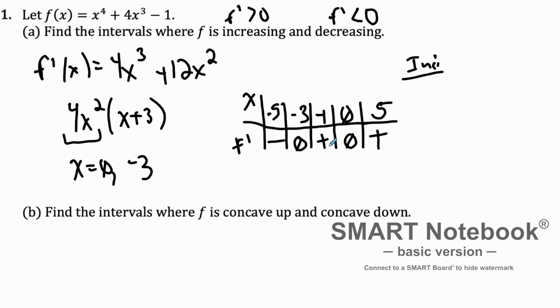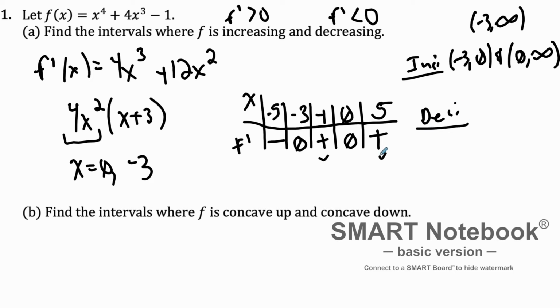It's positive here and here. So like I said, I'm going to list this as -3 to 0 and 0 to infinity. That's mainly because increasing is defined as where it is positive, and at 0 it is 0. So I take that out, but you will see some people just label that as -3 to infinity.